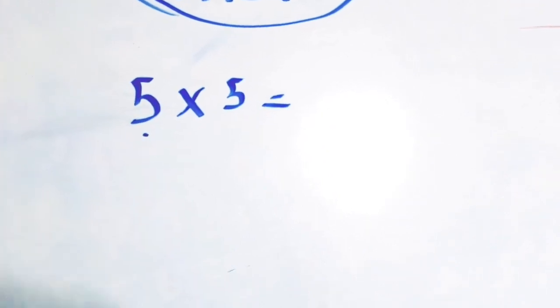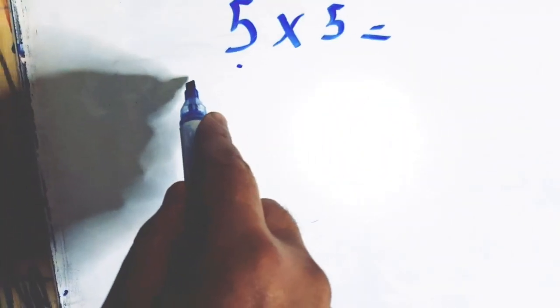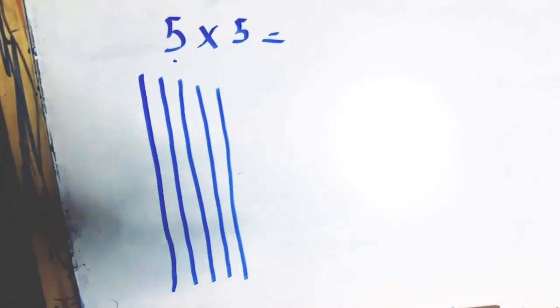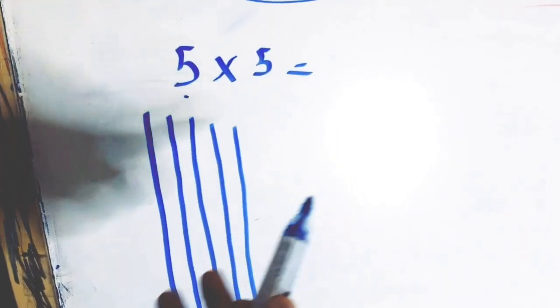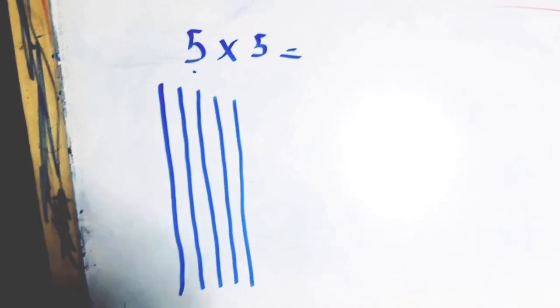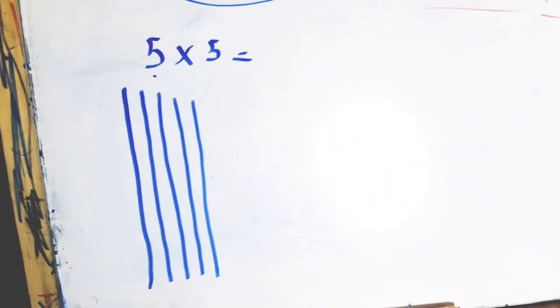Look at the first number. We draw 5 vertical lines of the first number. Okay, we have finished drawing the 5 lines related to the first number. We move to the second number, which is 5.